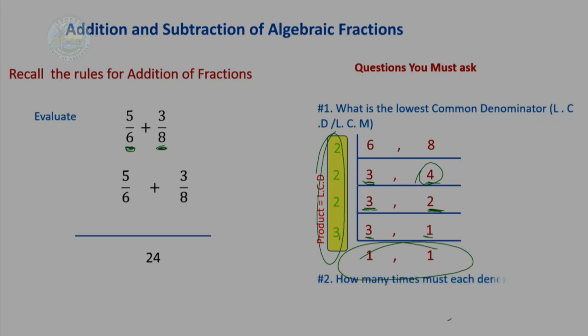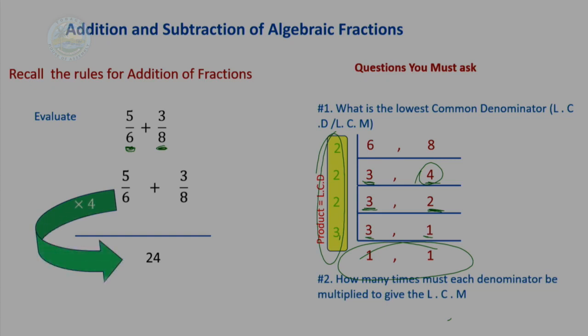We need to determine how many times each denominator must be multiplied to give our lowest common denominator. So we come here now. My denominator here is 6. How many times must I multiply 6 to get 24? 6 multiplied by 4 is 24.